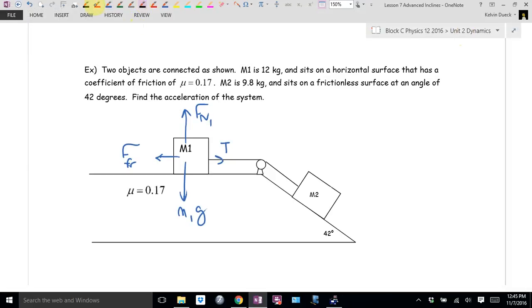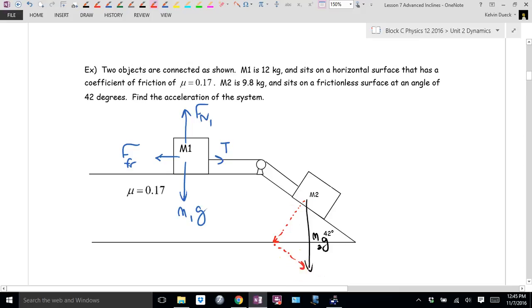What are the forces acting on mass 2? Get the obvious one, m2g, straight down. So I'm going to put m2g, and then I'm going to break it up into its components, mg perpendicular and mg parallel.